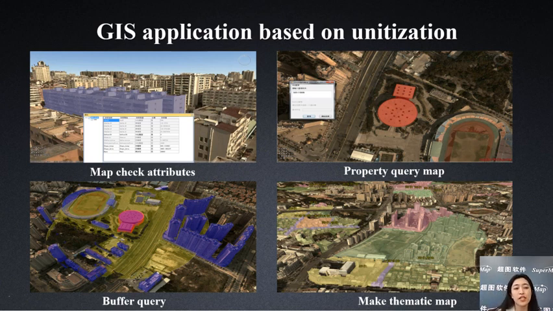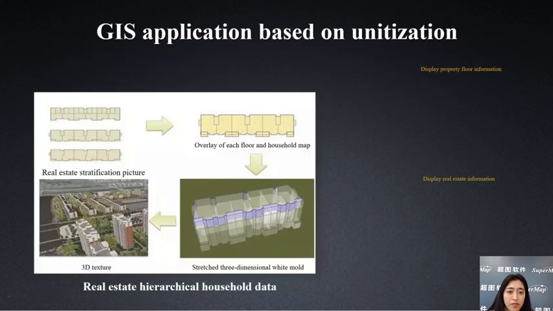We could use it to query the attributes, and then to query the map, and to make the buffer to query it, like to query within 1 kilometer. Do we have a supermarket or something? Or we could also make a semantic map in the oblique photography model to use these singulation options.